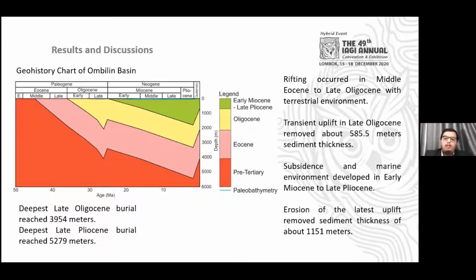So we decided that the late Pliocene could be the end of Ombilin Basin sedimentation. And then the latest uplift in the study area removed a sediment thickness of about 1,100 meters. In the estimation of the eroded thickness, we used vitrinite reflectance.